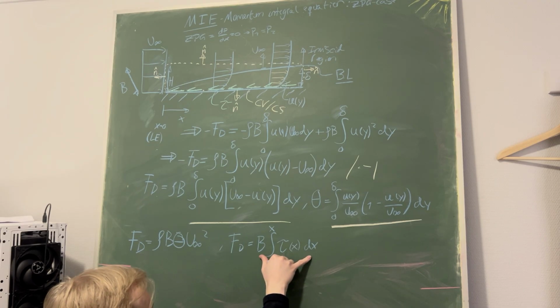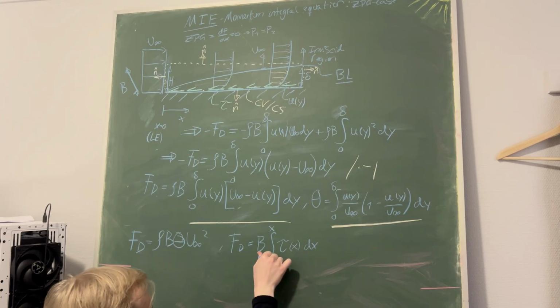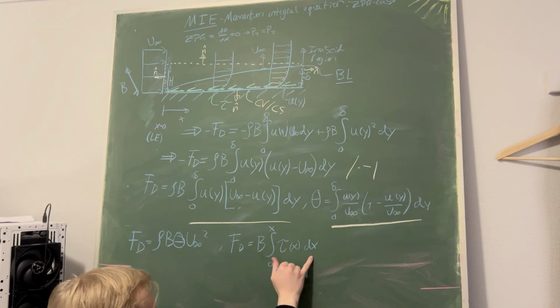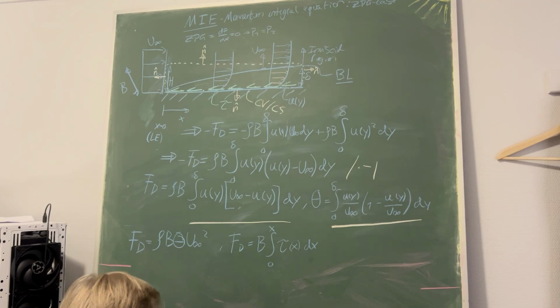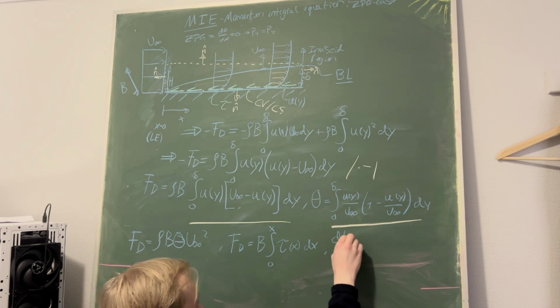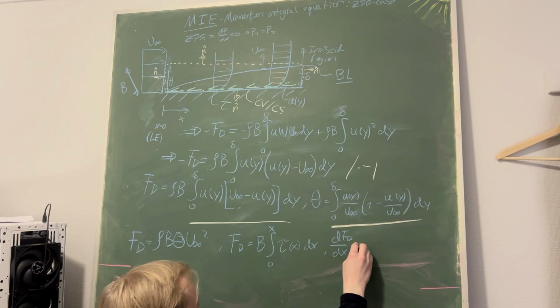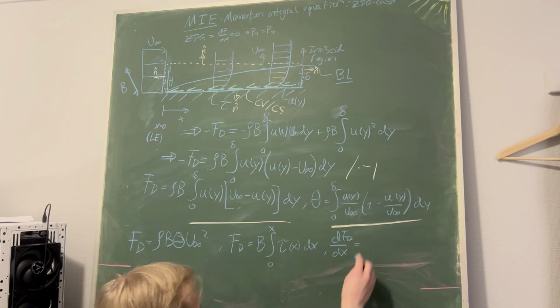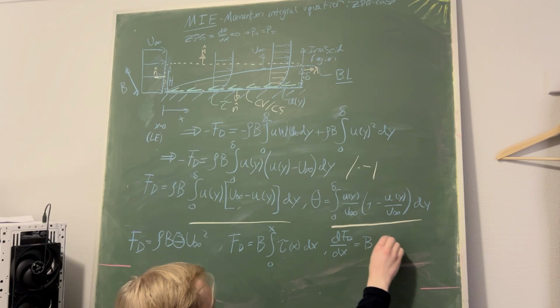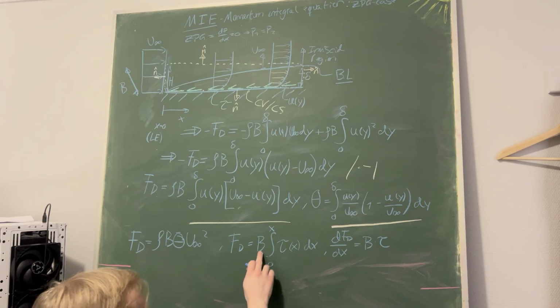Then if we integrate this up, it's going to be some stress times some unit depth times some length, that's an area. So that is going to be our drag force. And then if we say that dFd dx, that is just going to be b times our tau, because then we simply remove the integral. So then we are just left with b and tau.